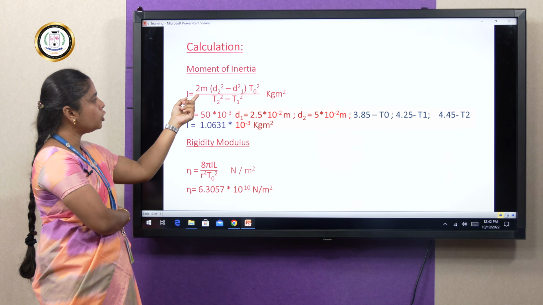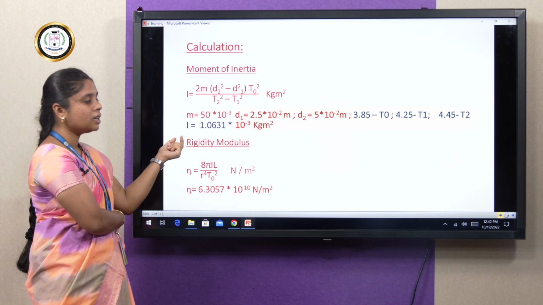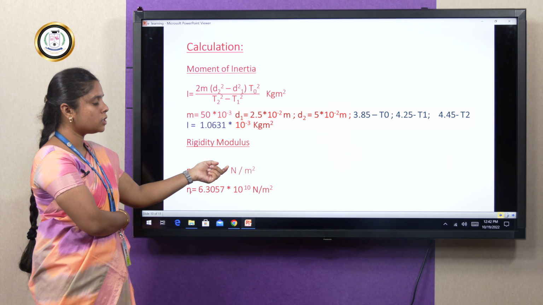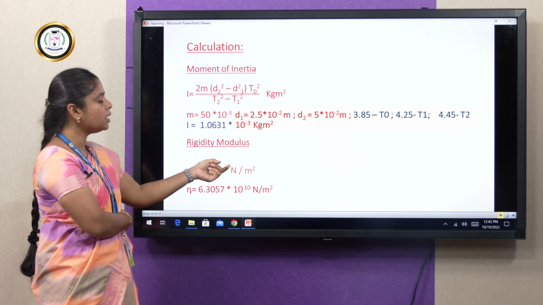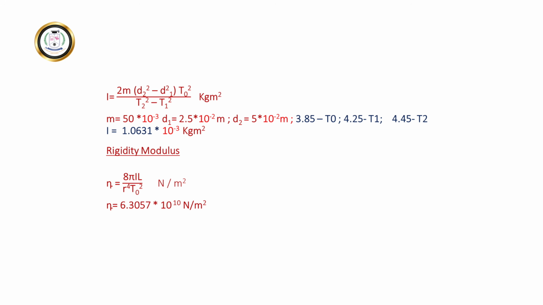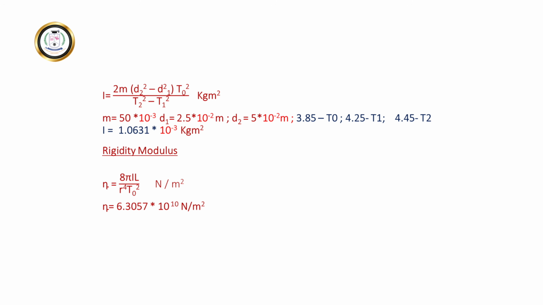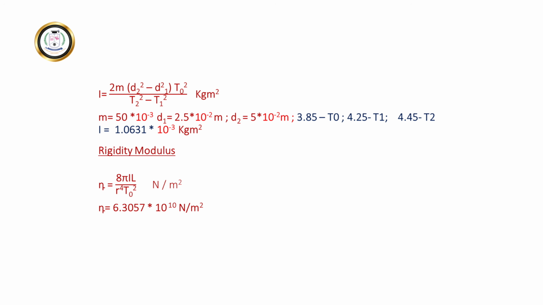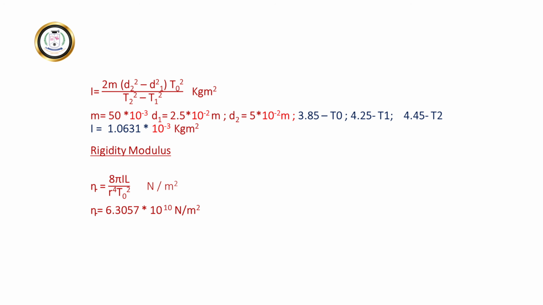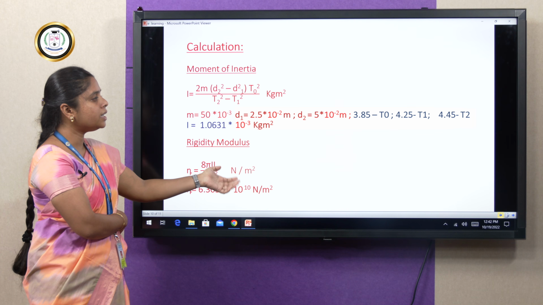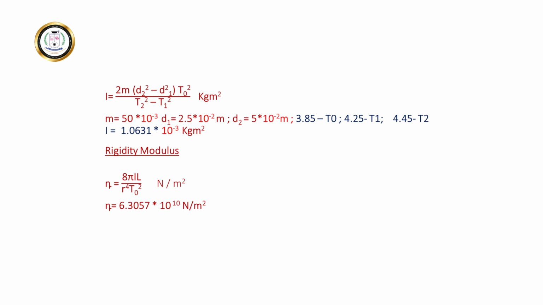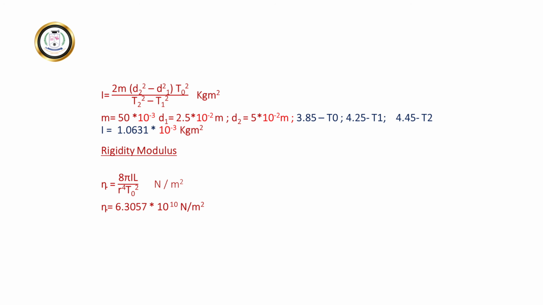As I said before, m stands for the symmetric masses, m is equal to 50 into 10 power minus 3, d1 stands for the closest distance, that is 2.5 centimeter, and d2 stands for the farthest distance, that is 5 centimeter. t0 is the time period for one oscillation, which is 3.85 seconds, and t1 is the time period for one oscillation with masses at the closest distance. The answer is 4.25 seconds, and t2 is the time period of one oscillation when the masses are placed at the farthest distance. The answer is 4.45 seconds.